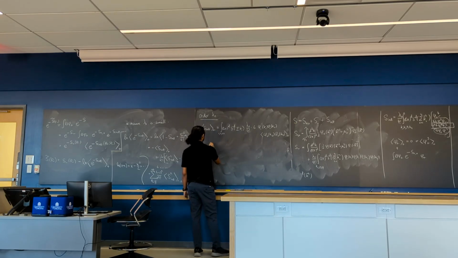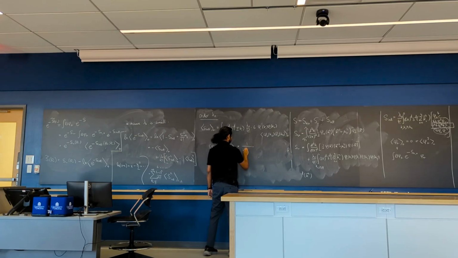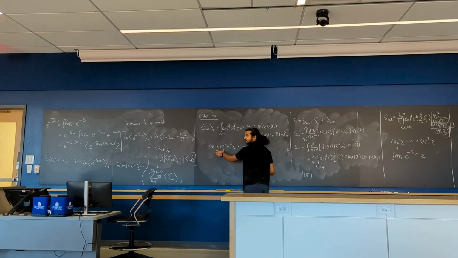So this thing we already know. This is given by 1 by k square plus mu 0 square, and this momenta has to be equal and opposite.